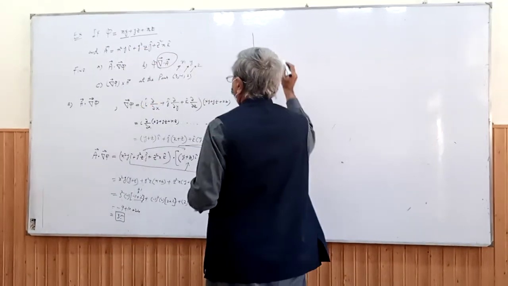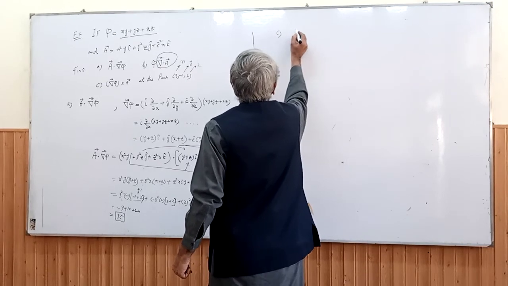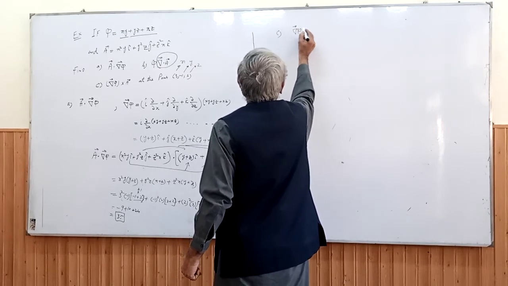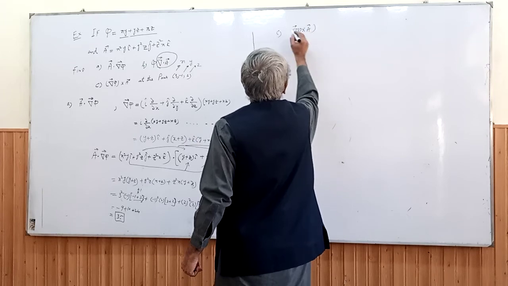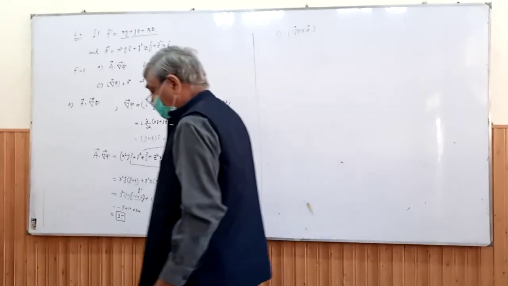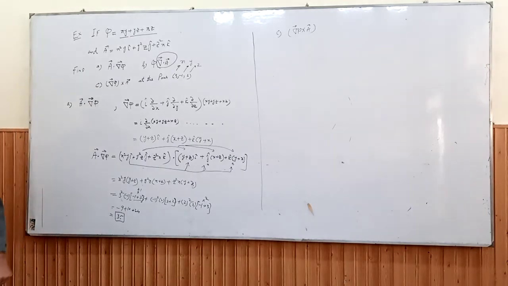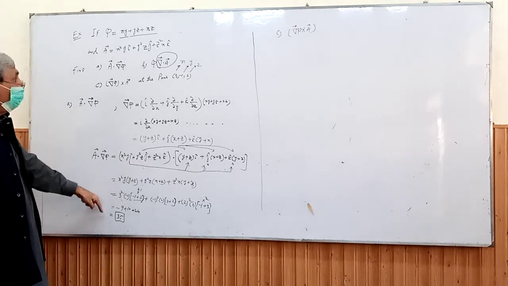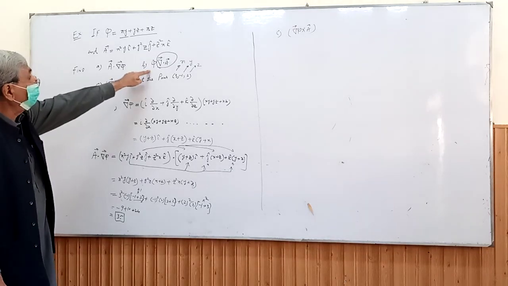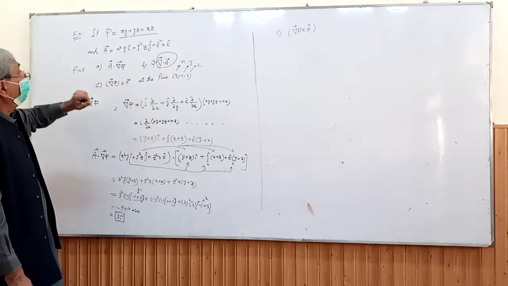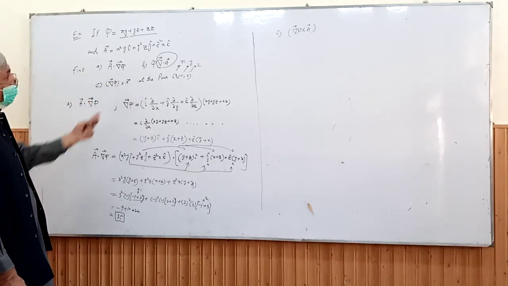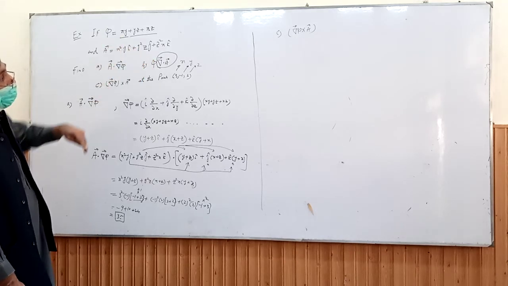As far as C part is concerned, that is del phi cross A. This is cross product of two vectors. That is, two vectors are being multiplied together through cross. So answer is a vector. So we know from the beginning that unlike this, where the answer was scalar quantity because scalar multiplied by scalar, here it will be a vector quantity because it is a cross product of two vectors.